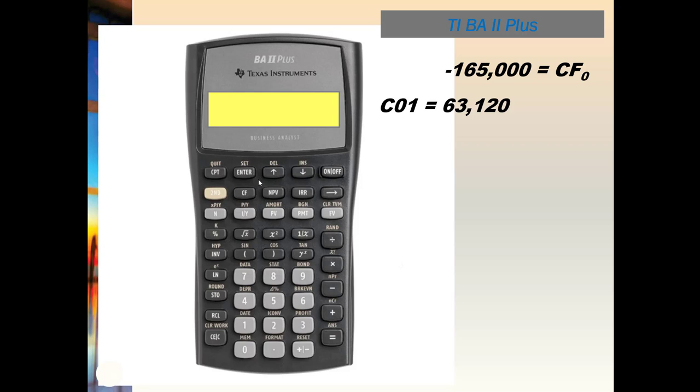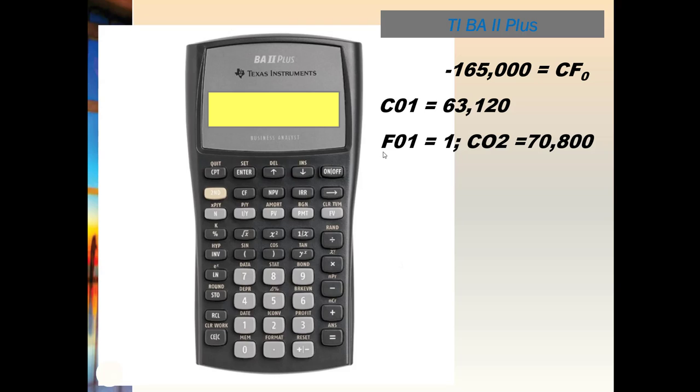Once you press enter, your calculator will show C01, which indicates the first cash inflow. Assuming the number is $63,120, you enter 63,120 and press enter to save your entry.